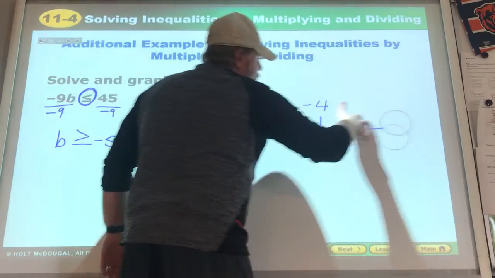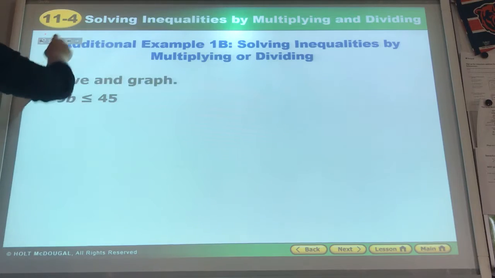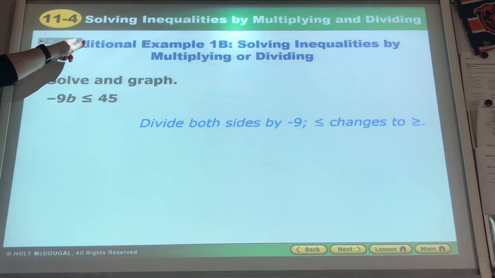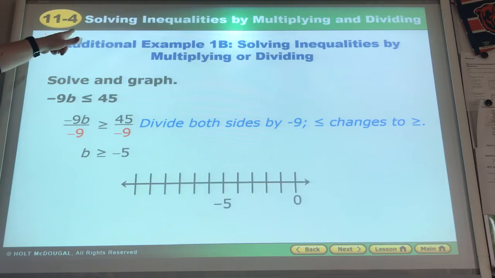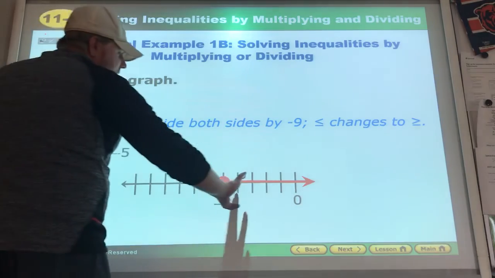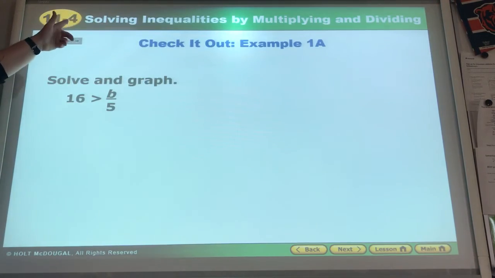All right, let's show you what they say. Divide both sides by negative 9. b is greater than or equal to negative 5. They put that in here. Everything this way is greater than negative 5, and we meet it.